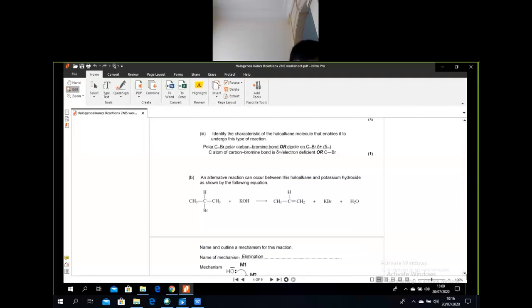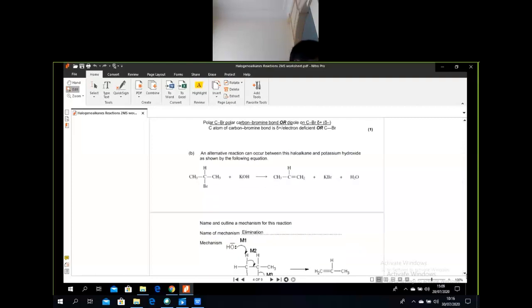And then B, an alternative reaction can occur between this halogenoalkane and potassium hydroxide as shown in the following equation. We know this one is the secondary halogenoalkane, and because the reaction is using potassium hydroxide, there are 2 effects. One is elimination and the other one is the alcohol. What is the difference?